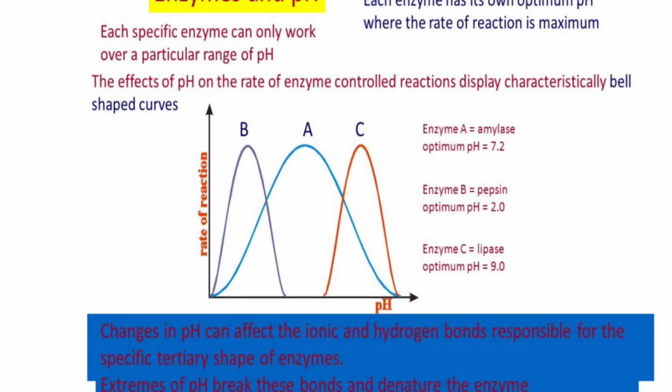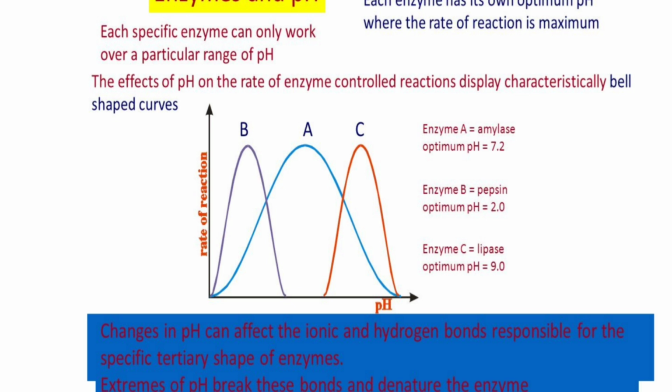Here are given some enzymes, and in this curve A is for amylase, B for pepsin, C for lipase. You can see amylase optimum pH is 7.2, it acts best at 7.2. Pepsin acts best at pH 2. Lipase acts best at pH 9.